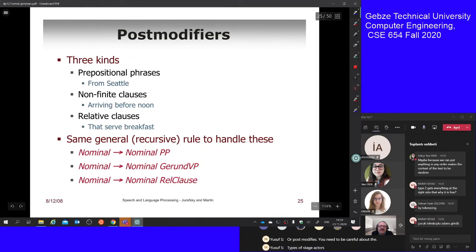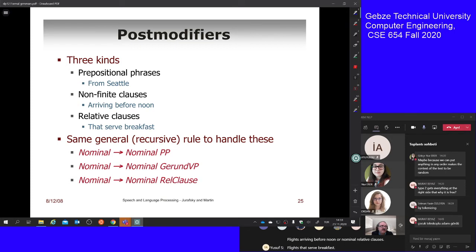Post-modifiers, again, I have the post-modifier, nominal prepositional phrase, okay, like flight from Seattle, nominal gerundive verb phrase, flights arriving before noon, or nominal relative clauses, flights that serve breakfast.